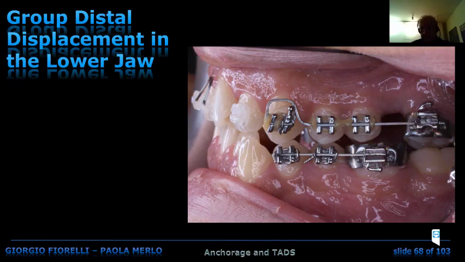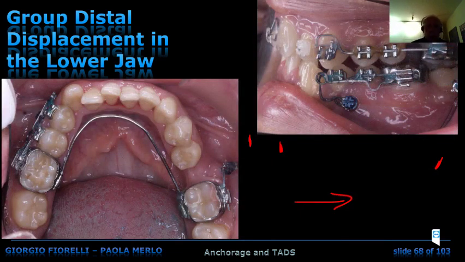So you see here we have a class 3 relation between the canines, and we want to send these teeth to the back. As you see, we can do it even in the mandible and even with the second molar present here. And I don't even include the second molar in the mechanics.